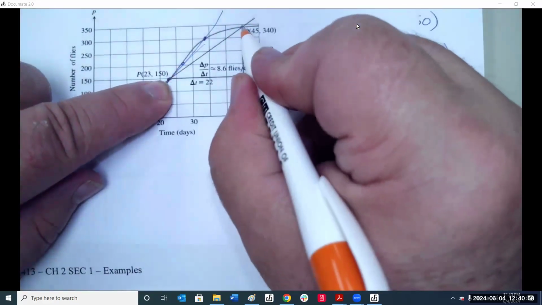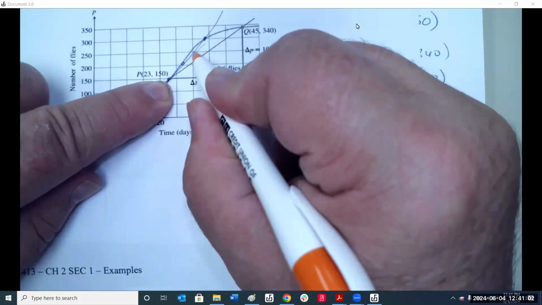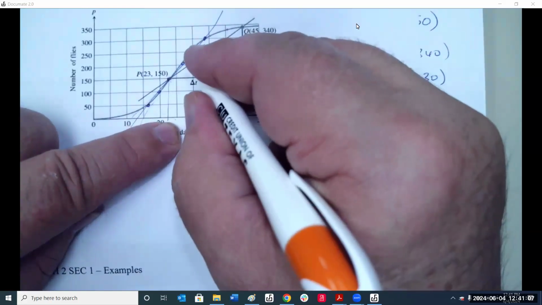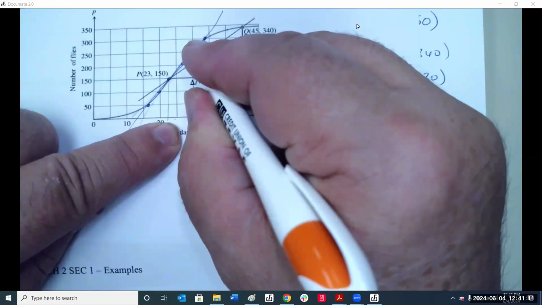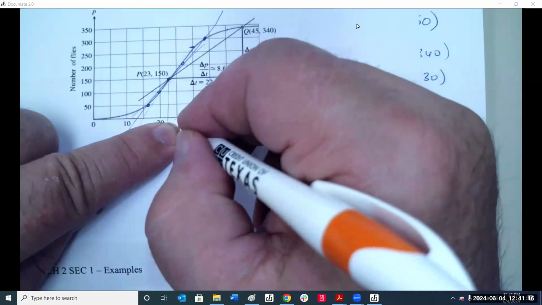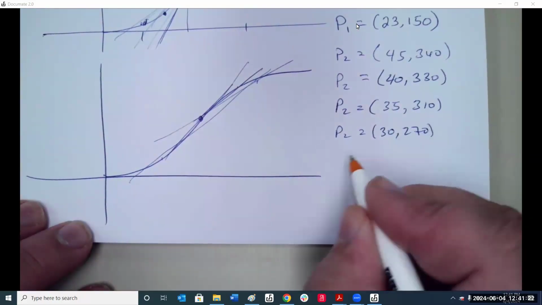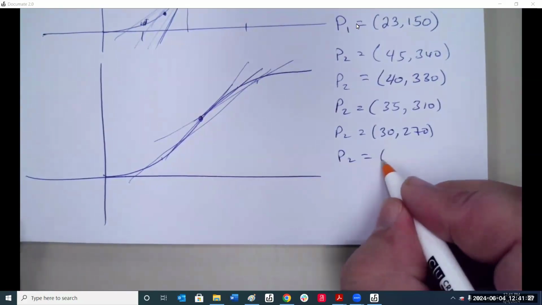All I'm doing is looking at the graph and starting from this one. Because we're going to 23, I have a couple more to look at. That one's approximately 30, 270, and then at 25.